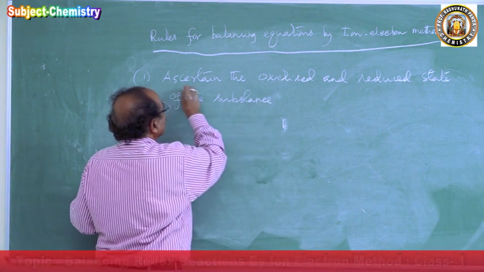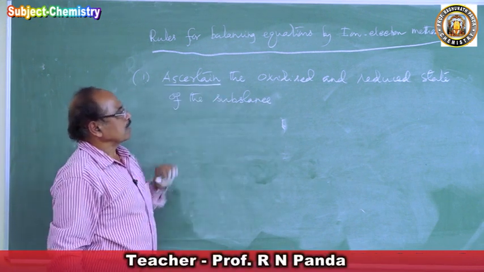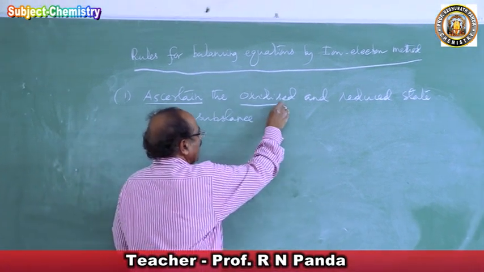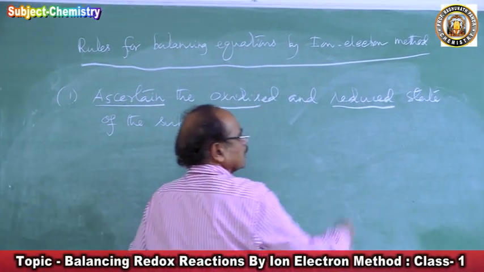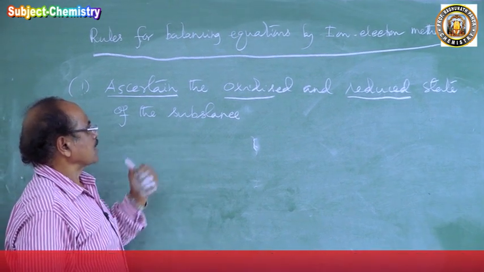That means you have to find out. Ascertain means find out who is oxidized and who is reduced.